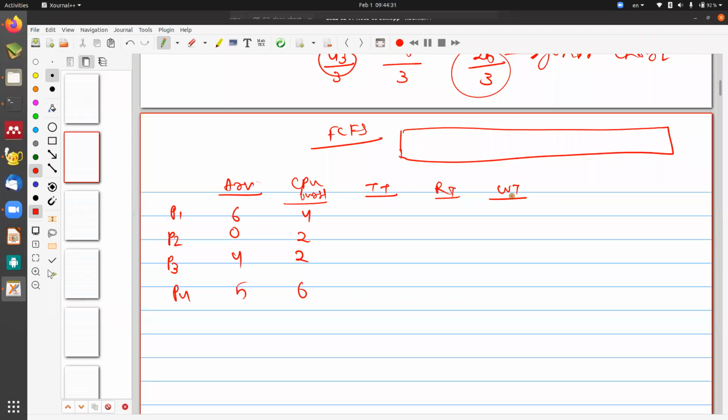If 4 jobs have come at these times and they want to be executed for this much unit by the CPU and you are following FCFS, which job will be executed first?